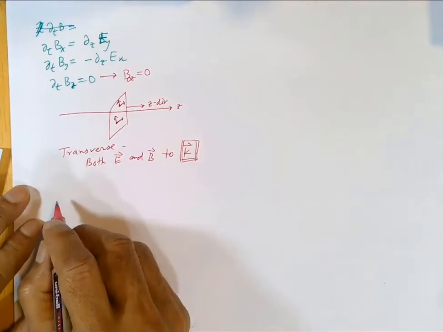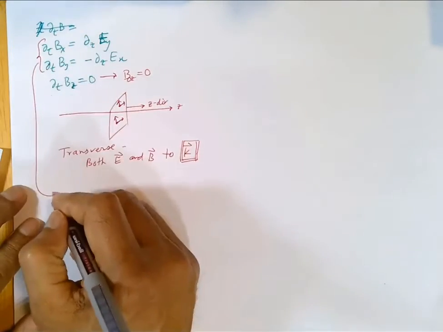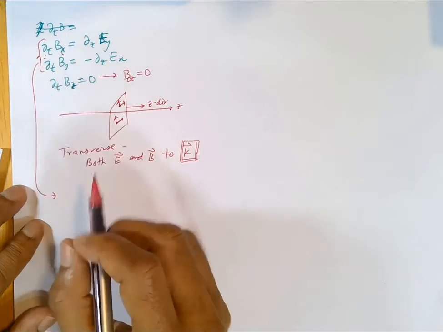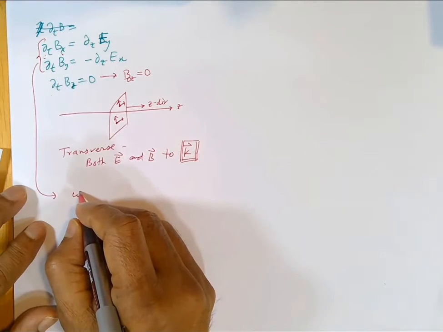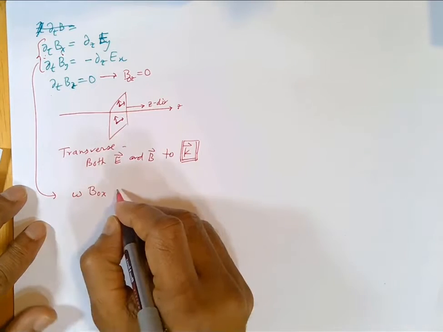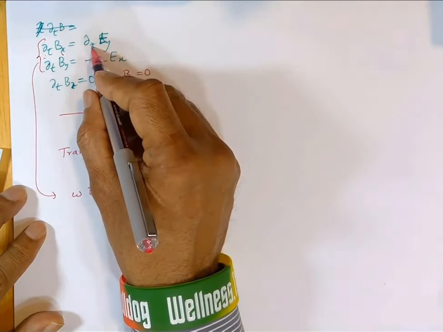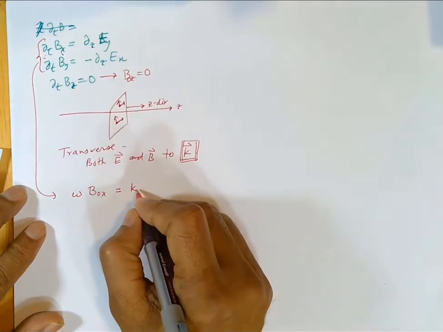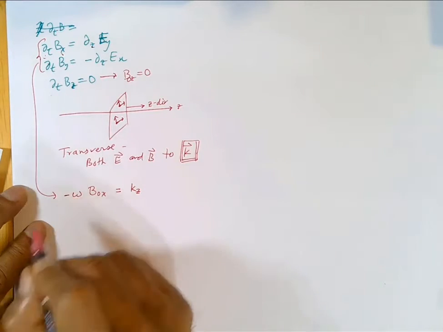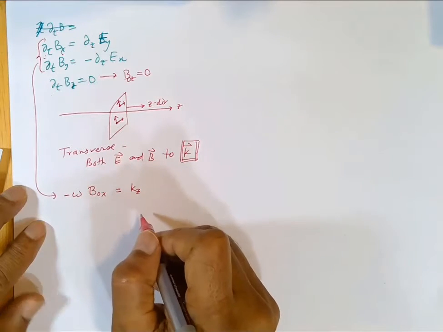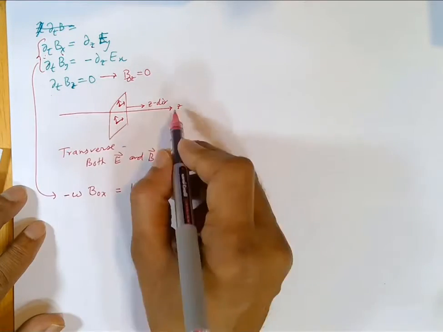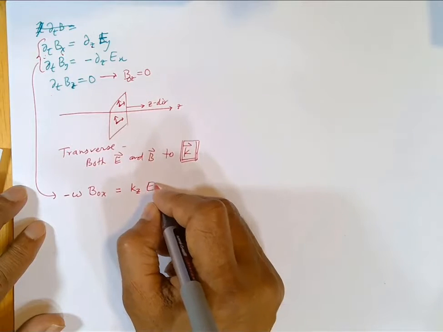So that's one notice. And when I look at these, I say, okay, when I take a dt, I'm going to get a omega B0x. And on the other side, I'm going to get a kz, omega will come with a minus, and this kz will come with a plus for a wave going that direction, E0y.